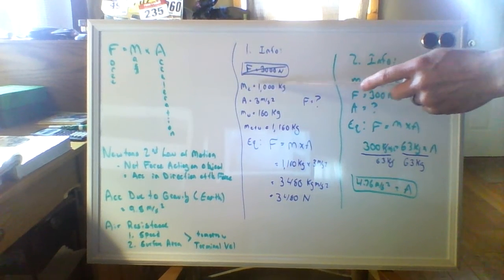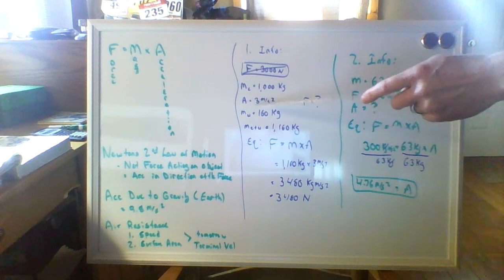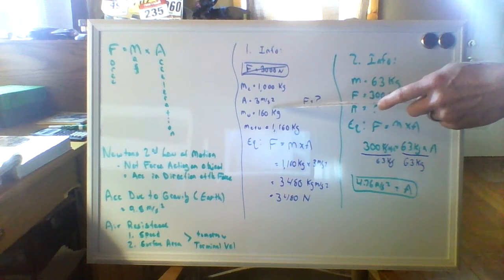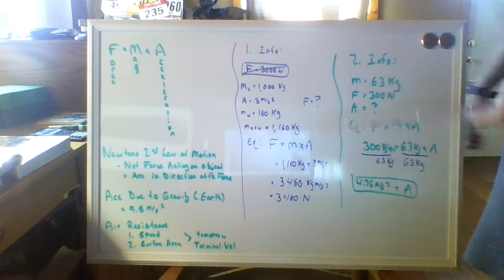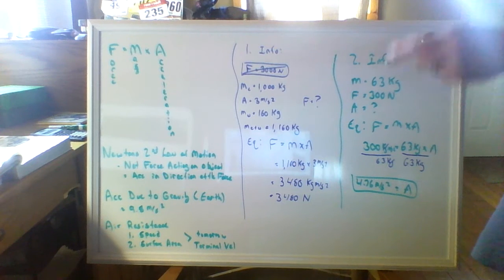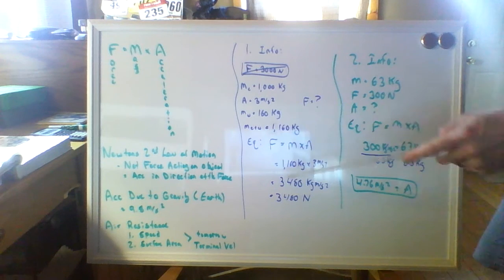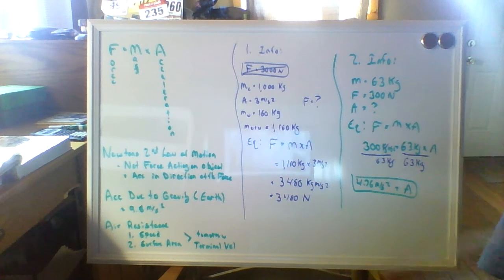Second, the mass of the car is 1,000 kilograms. It accelerates at 3 meters per second squared. The mass of the wrestler was 160 kilograms. It's asking how much force it will take to accelerate the car with the wrestler in it. So we need to find the mass of the car plus the wrestler, which would be 1,160 kilograms.